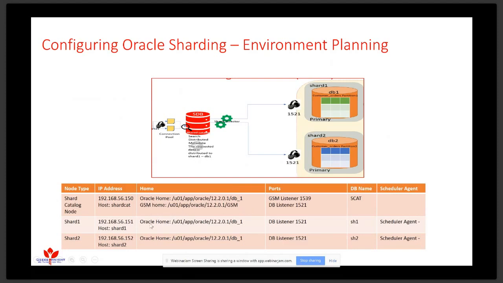The other 2 nodes are basically simple 12.2.0.1 installations, and they also contain something called a scheduler agent. In the beta release we don't have a scheduler agent, but when Oracle releases 12.2 to the public, the scheduler agent will also be installed automatically, so you need not worry about that.